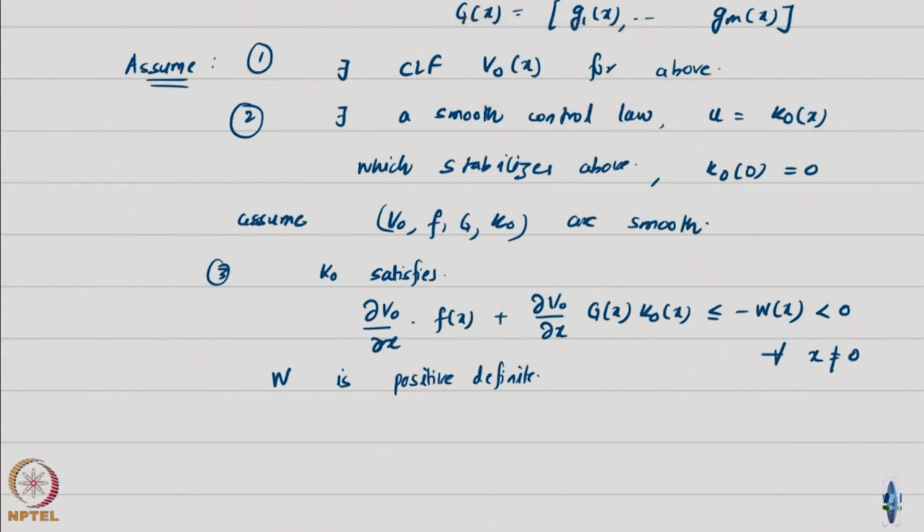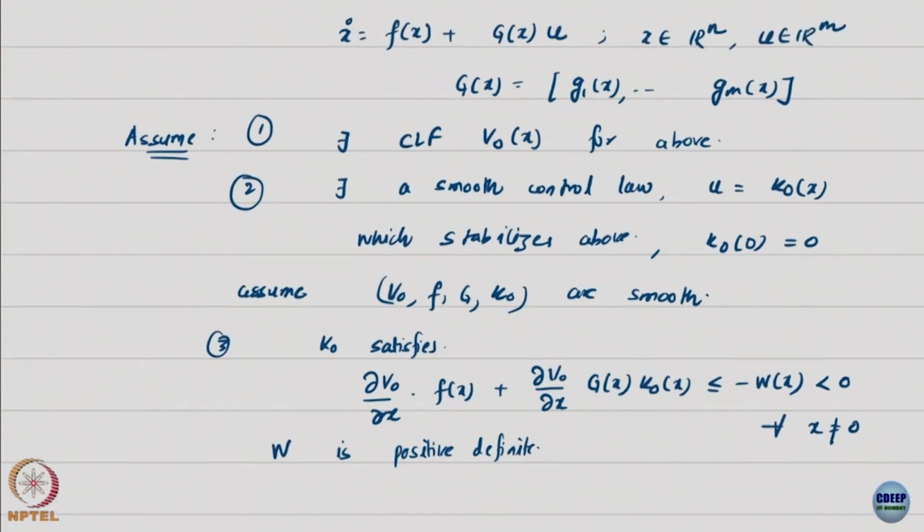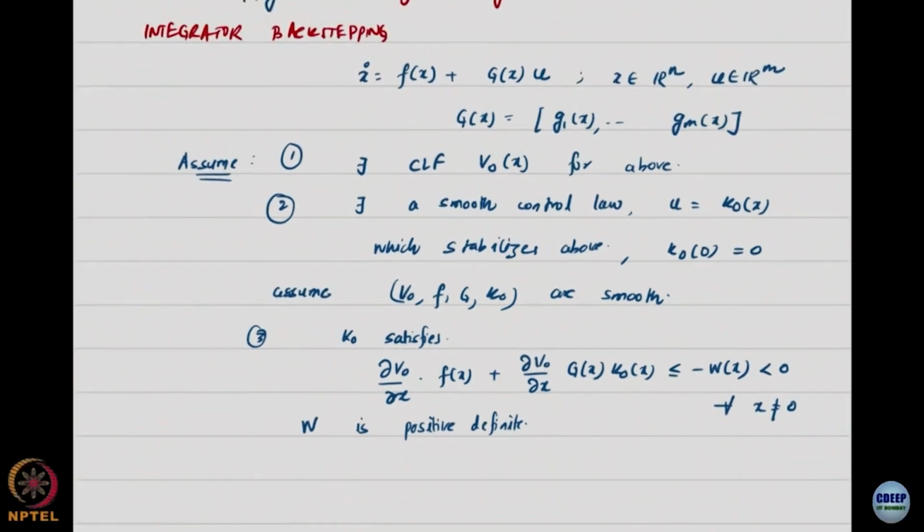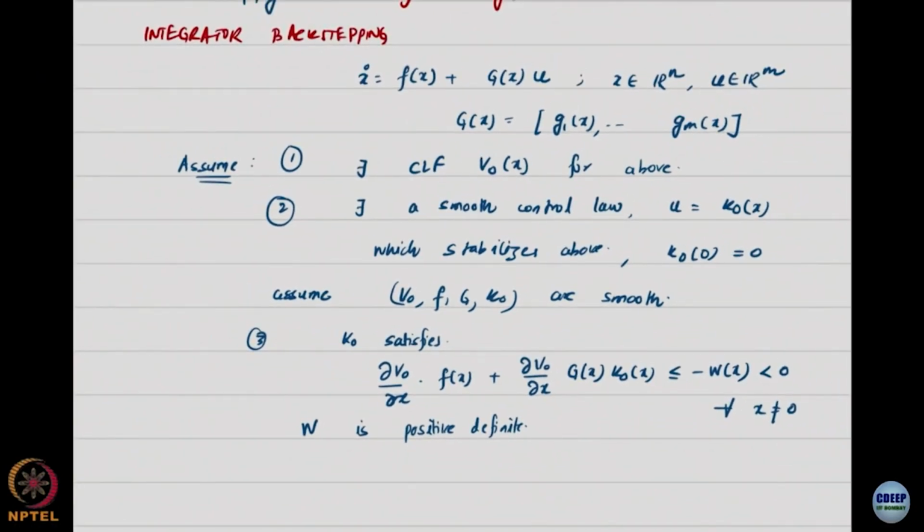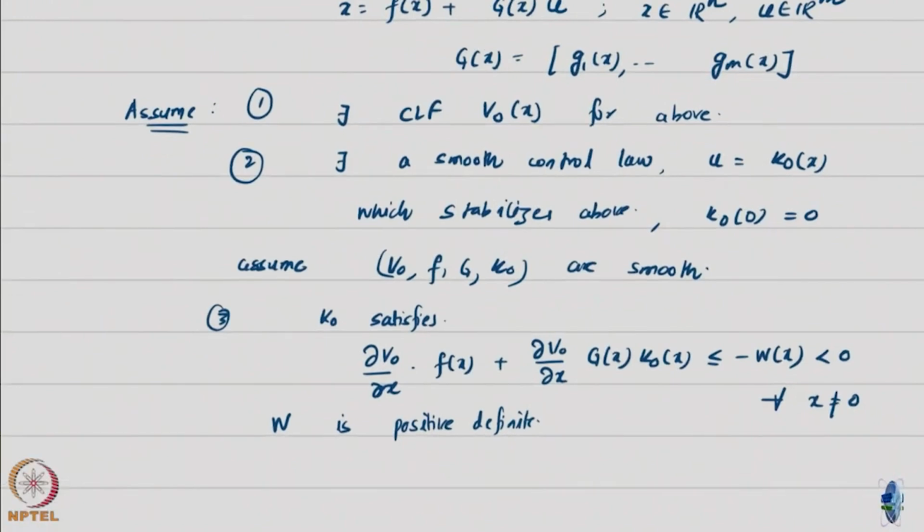Alright, great. Now that we have these assumptions, we already know that this system is stabilized. It's in fact asymptotically stable, the way we understand asymptotic stability, because V0 is positive definite, that is the requirement of a CLF, and its directional derivative is negative definite. So we have asymptotic stability by the Lyapunov theorem.